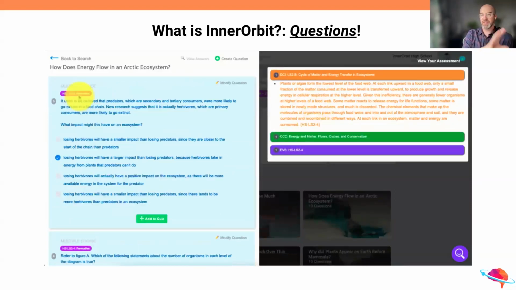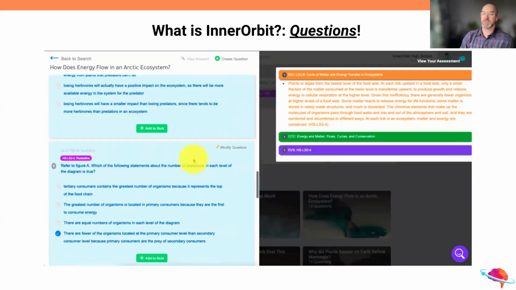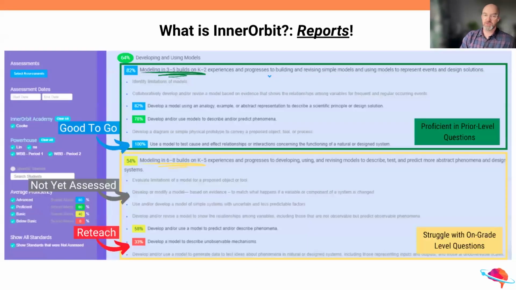As teachers or districts build assessments and have students take those assessments, we generate really detailed reports. You can take a look at what aspects of the SEP we're looking at developing, using models here, that students demonstrated proficiency on in grades 3-5 or in grades 6-8.